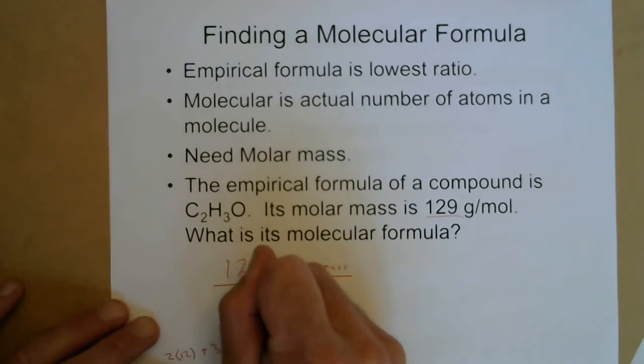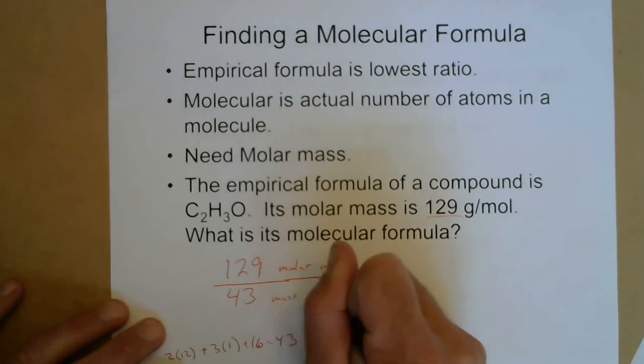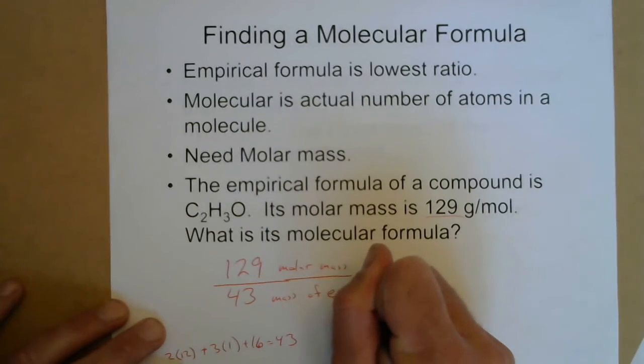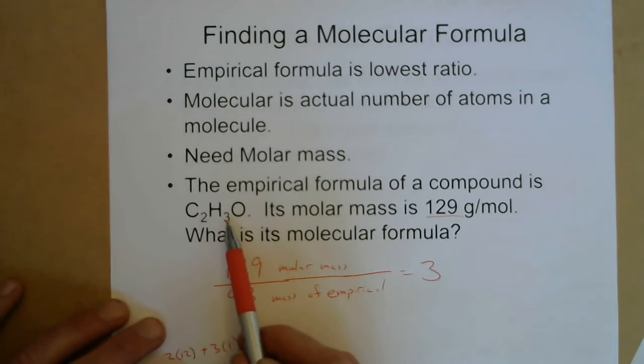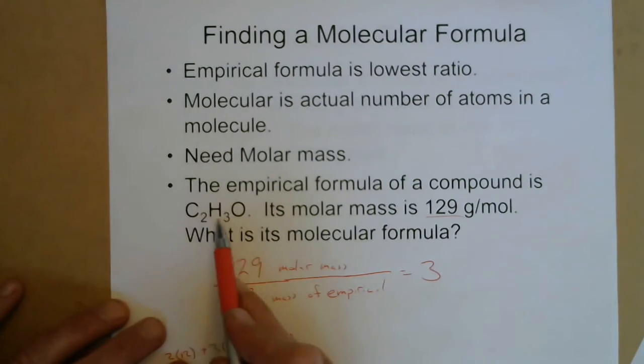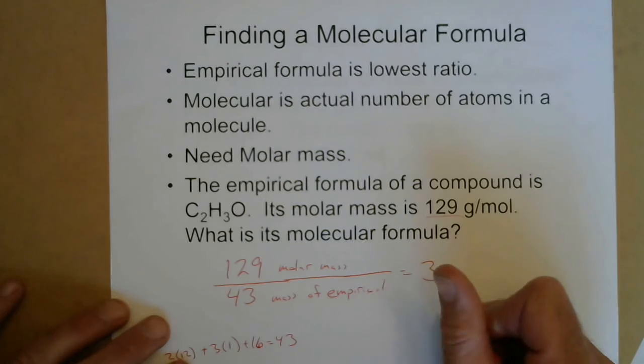So 43 is the mass of the empirical formula. And when I divide these, I get 3. So what that tells me is that the molecular formula is 3 times bigger than the empirical formula. So all of these subscripts, this whole ratio, needs to be 3 times bigger in the molecular formula.